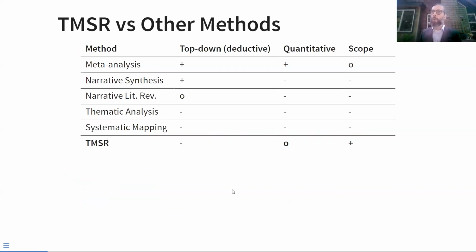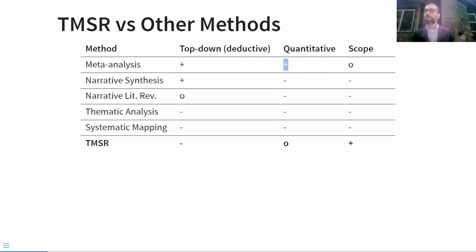How does this compare to other research synthesis methods? So here's a table, and at the top is meta-analysis, which is arguably the most common research synthesis technique. This is a top-down or deductive technique, which is to say you start with a very specific and narrow research question. It's also quantitative, so you're estimating a pooled estimate for the effect size, which is numeric.